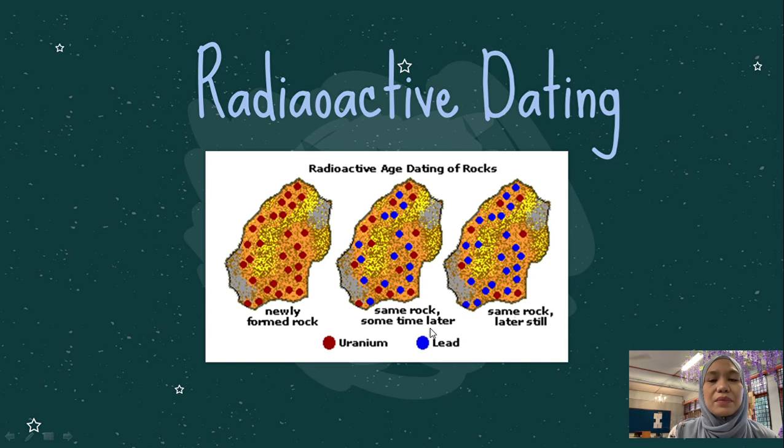The same rock some time later, it is not 1 or 2 days, it can be a month, a year, or maybe hundreds of years, we can see that some of the uranium has turned into lead, maybe 50%. And after some years, or 100 years, or 1,000 years later, the same rock, we can see that uranium has decayed and become lead.